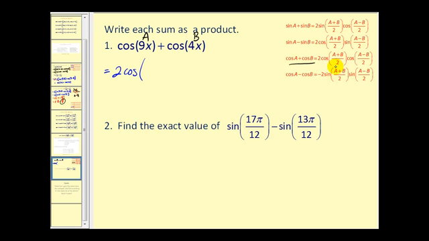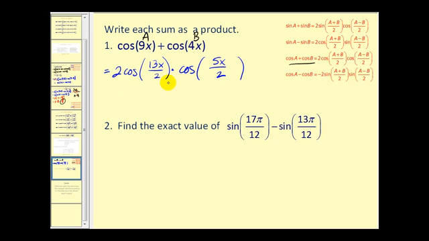Well, 9x plus 4x is 13x over 2, times cosine of A minus B divided by 2. Well, 9x minus 4x is 5x. And there it is. We've rewritten this sum as a product.